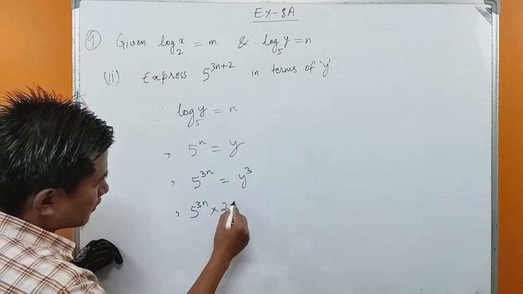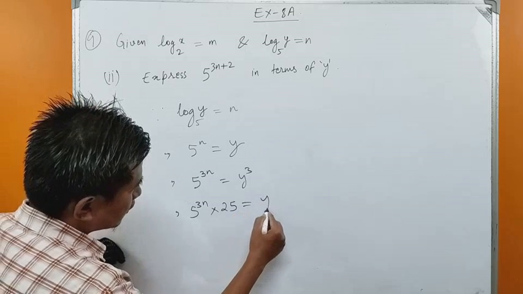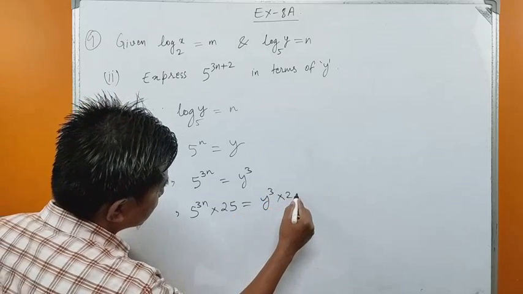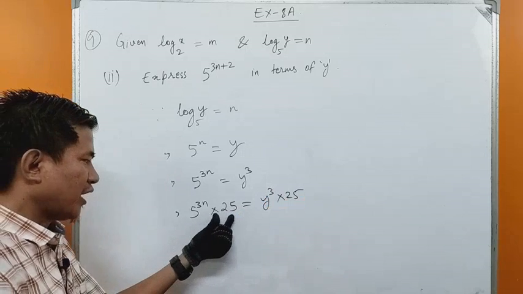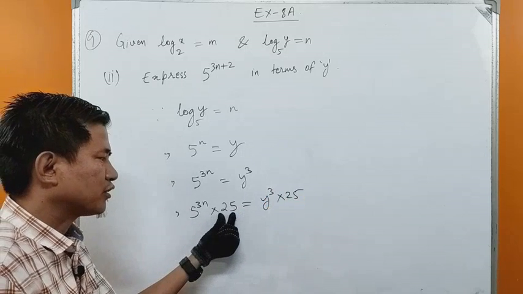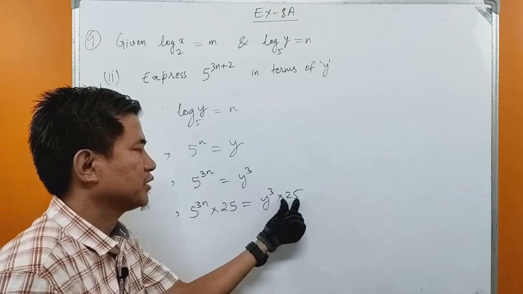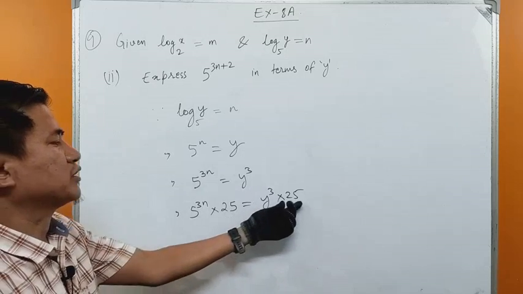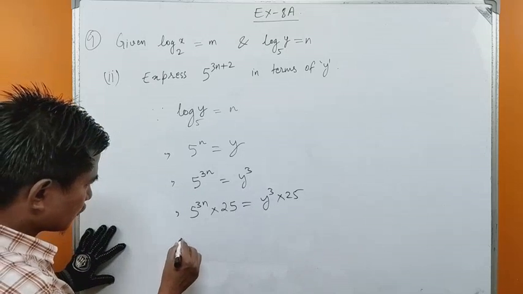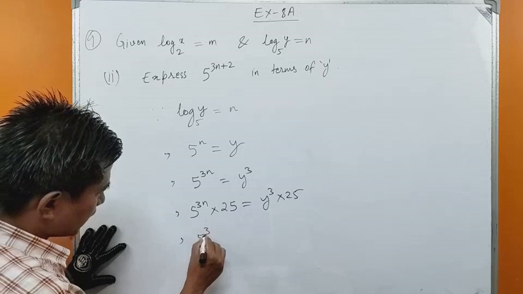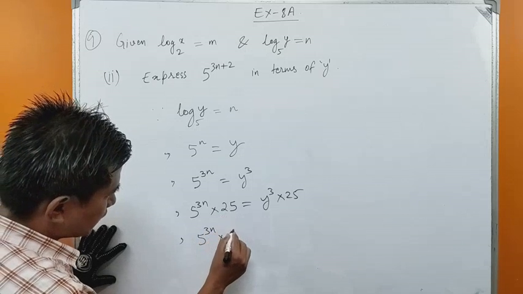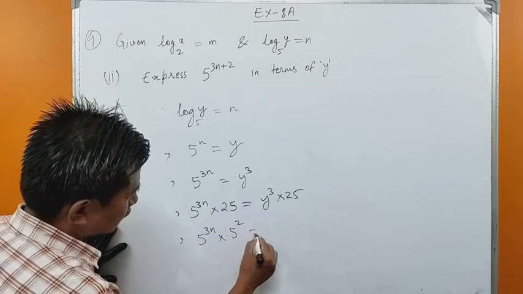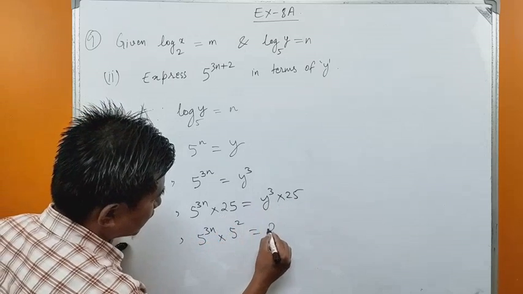This means we multiply both sides by 25. y cube into 25. I'm multiplying the left hand side of this equation by 25. The same thing must be done in the right hand side as well, okay, multiplying both sides of the equation by 25. So this means 5 to the power 3n into 25, where 25 is 5 squared, equals 25 y cube.